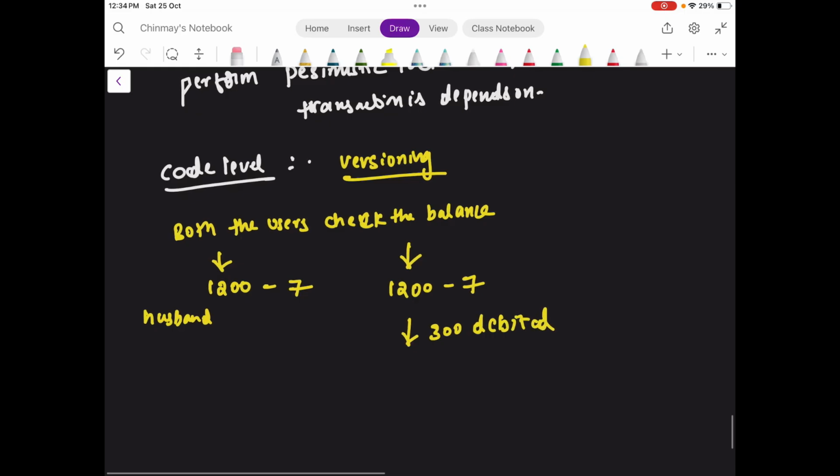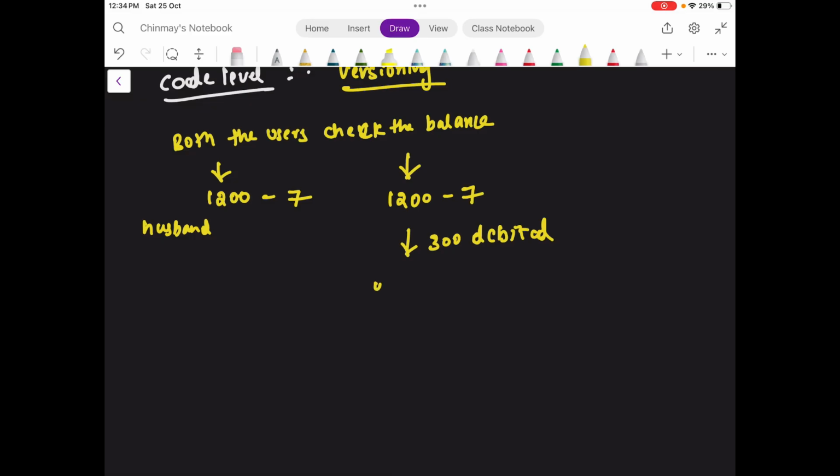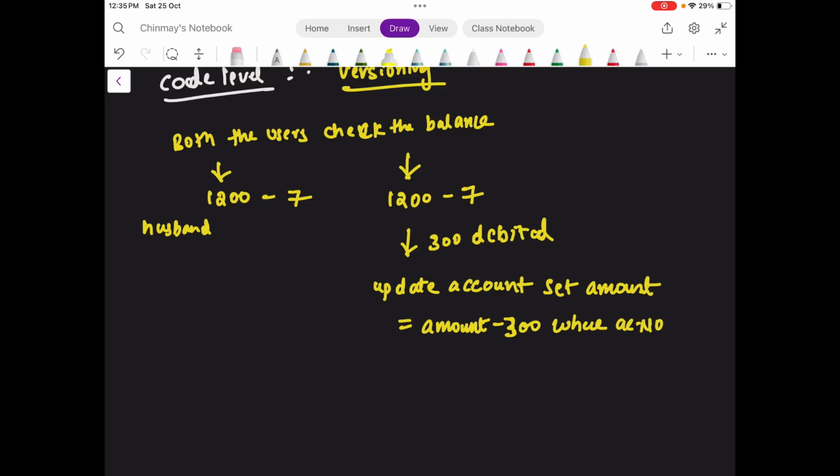Okay, when the wife performs a 300 debit, it runs an update statement like this: update account set amount equal to amount minus 300 where account number is the purchaser account number and version is equal to 7.